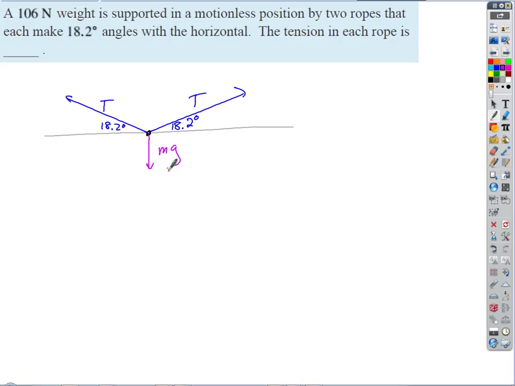So what directions would we use here? Up and down and side to side, so X and Y. So we have to take these tension vectors and break them into components. Just because it's hard to draw that, let's call that theta to make things a little bit easier.